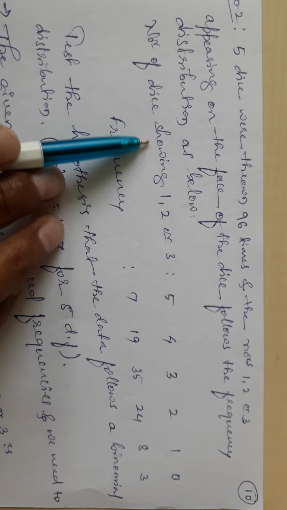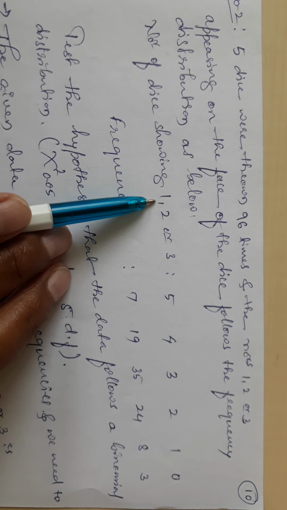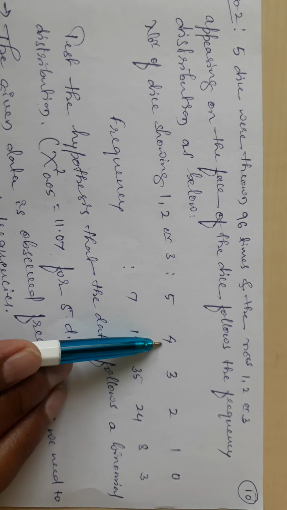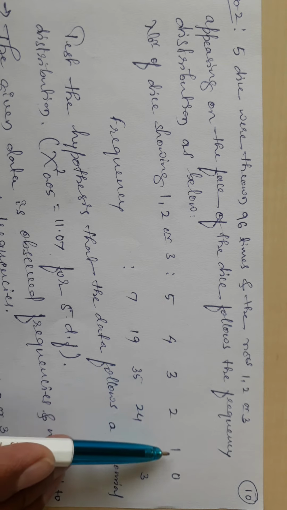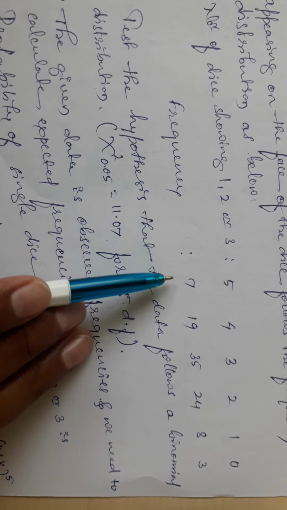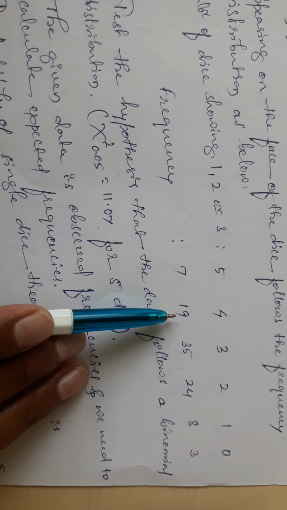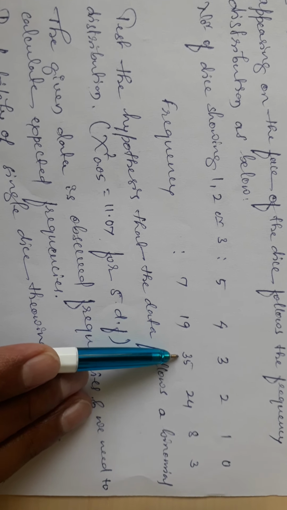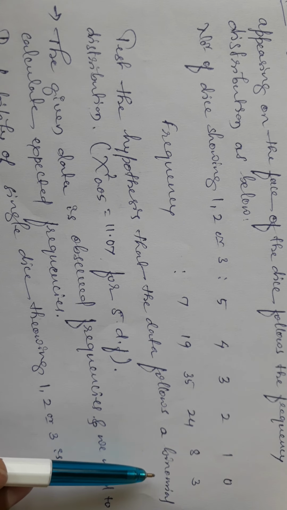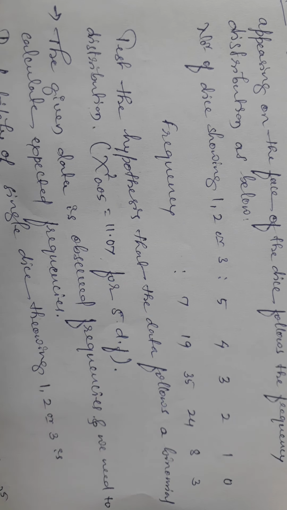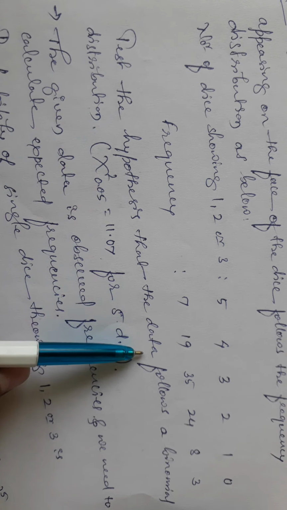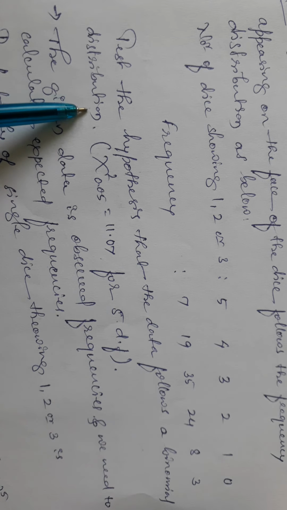Number of dice showing 1, 2 or 3 is 5, 4, 3, 2, 1, 0. These are x values. Now the frequency, that is the number of times: 7, 19, 35, 24, 8, 3. These are observed values. Test the hypothesis that the data follows a binomial distribution.